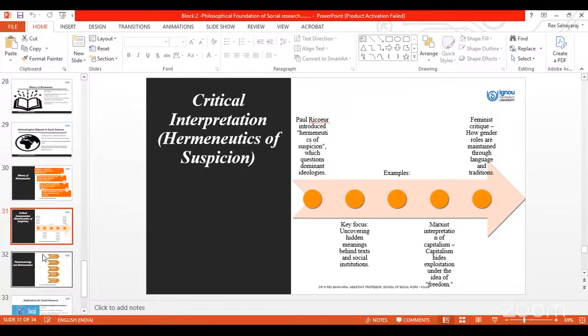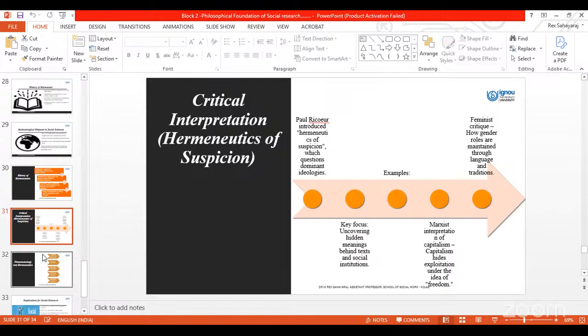Paul Ricoeur introduced the hermeneutics of suspicion, which questions dominant ideologies, which out of fear we do not question.